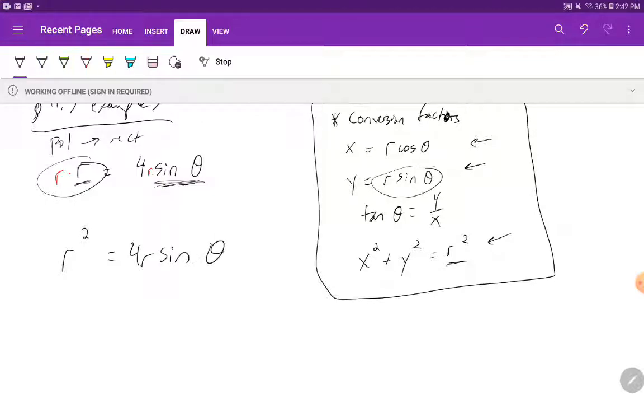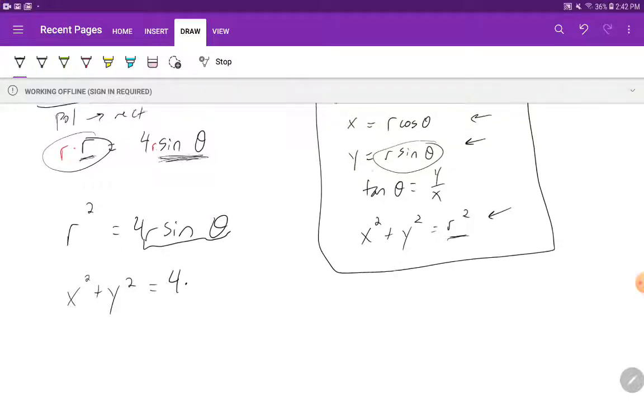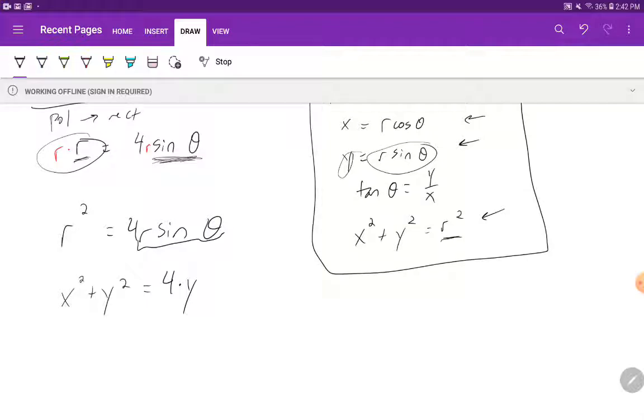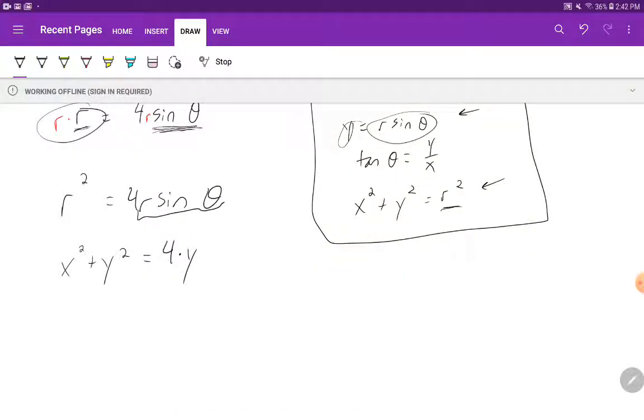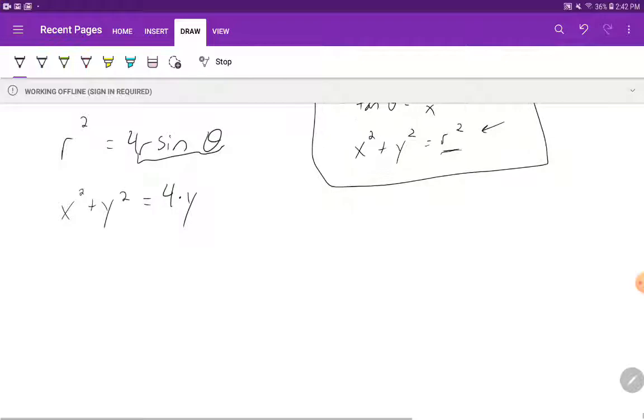Now that we have things that fit our definitions, we can just make the substitution and see what we get. On the left side, we get x squared plus y squared, equal to the right side, which is 4 times r sine theta, which we just said is equal to y. So 4 times y. Now we have something in terms of x's and y's. You bring the y terms to the left side, and you're going to see that this is another completing the square problem.